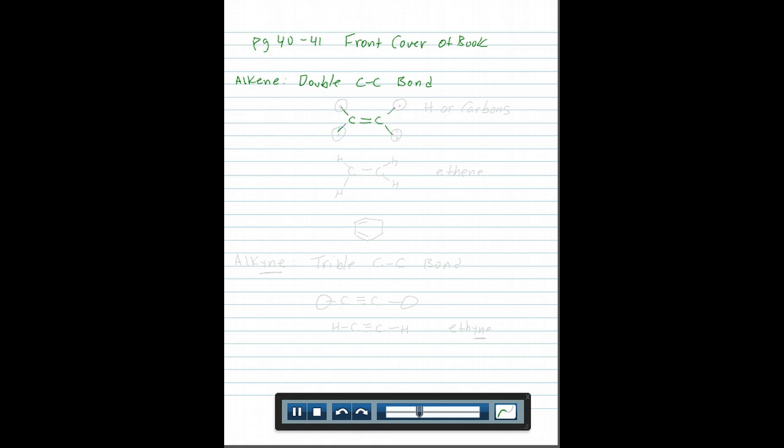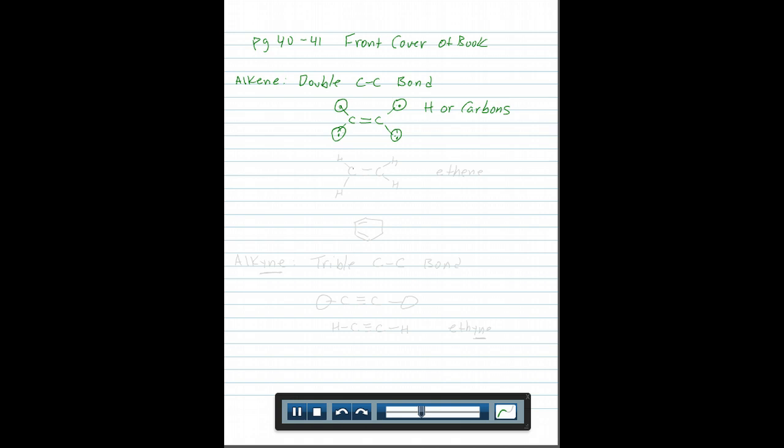Anytime your book draws this where they don't show you anything at these spots, in red they have the double bond, but this implies that at these spots you can have other hydrogens or carbons.